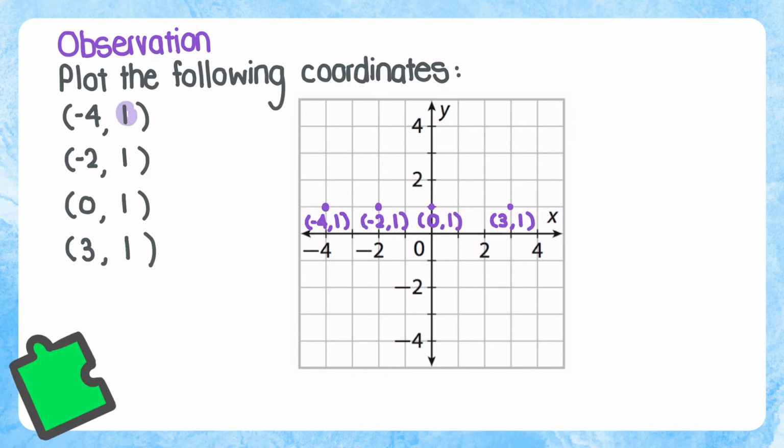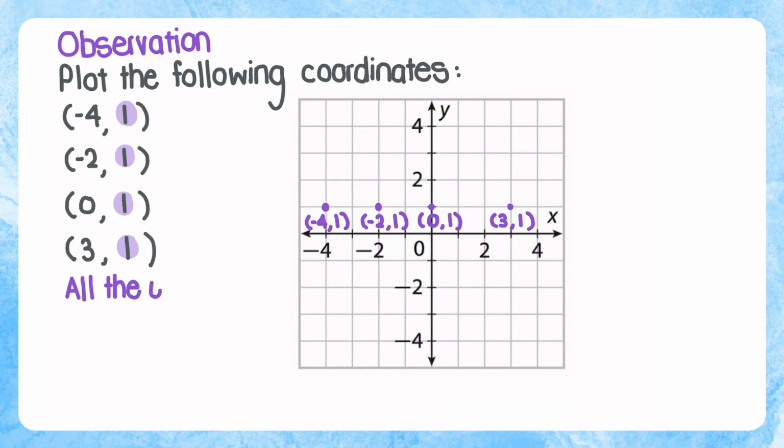Here, what do you notice about the 4 coordinates? Is there something that the y values share? Please let me know on Edpuzzle. You may have noticed that all the y values are 1. So all the y values are the same.